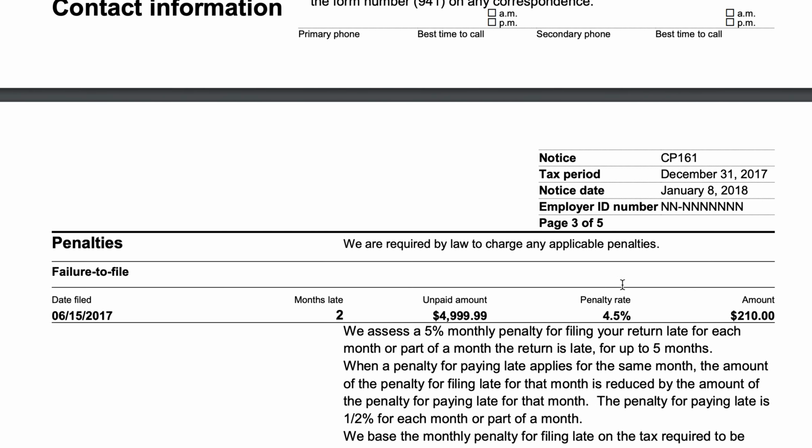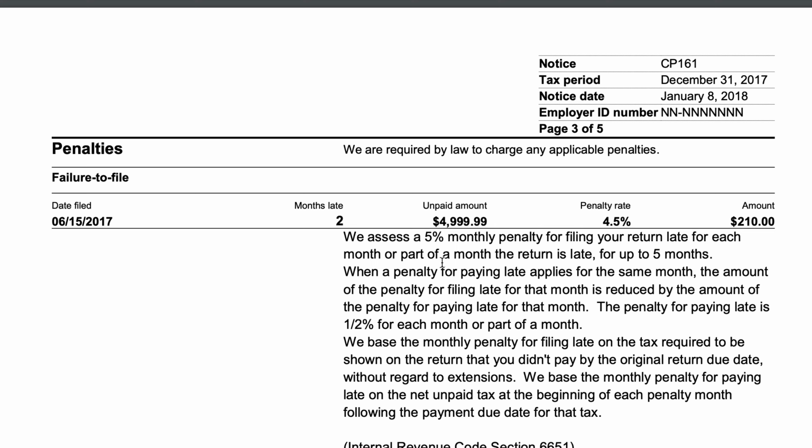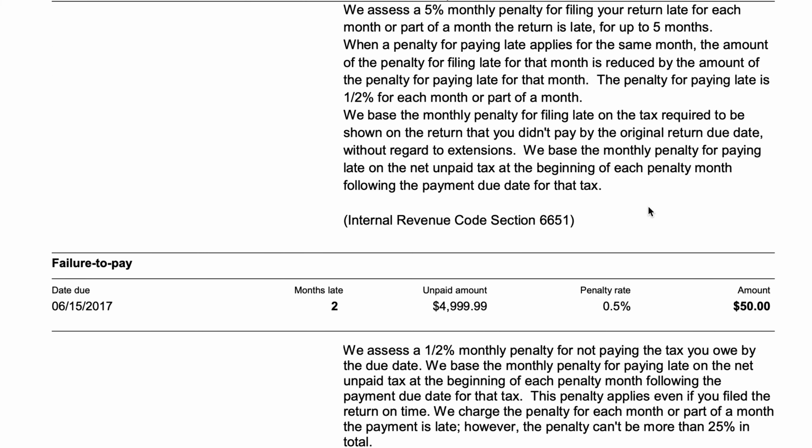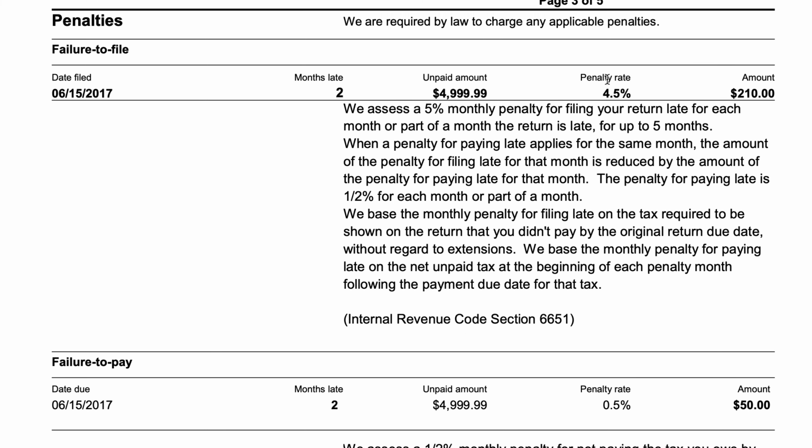So in this section, we're breaking down the penalties. In this case, this was a penalty that's 2 months late for a failure to file Form 941. Here's the penalty rate that was assessed based on that, and then the penalty amount that was calculated. And then the failure to pay penalty. So this is normally 5% per month or a part of a month.